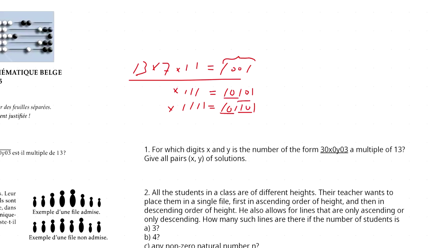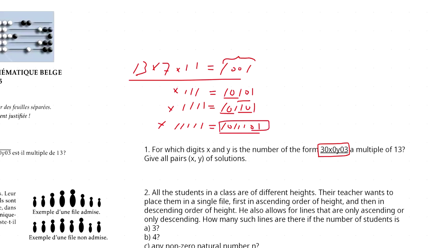The last step, if we replace 1,111 with 11,111, the product will be 10,111,01. And that is what we are looking for, because comparing to our target, 30x0y03, we know that 1011101 is a multiple of 13.